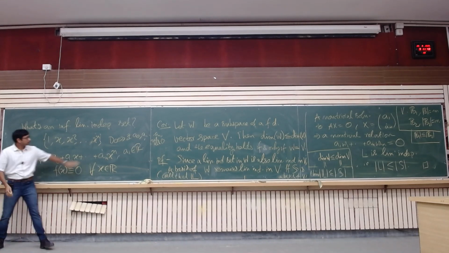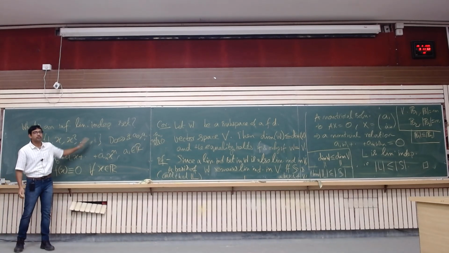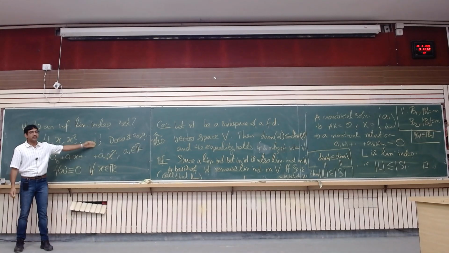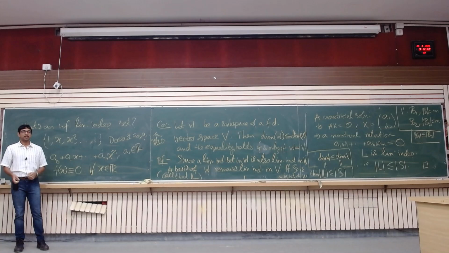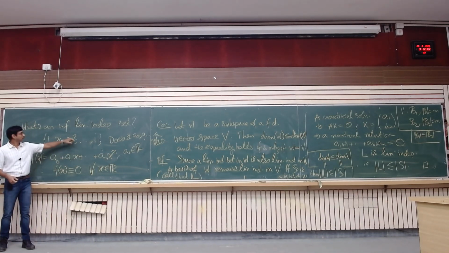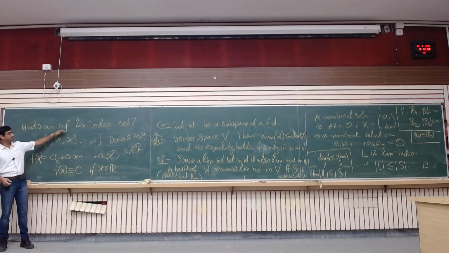Now suppose you remove this one and you take not only x^n, say x^(n+1), x^(n+2), x to the power a googol and more. Does that set remain linearly independent? To understand that, at first you have to understand what we mean by an infinite linearly independent set.